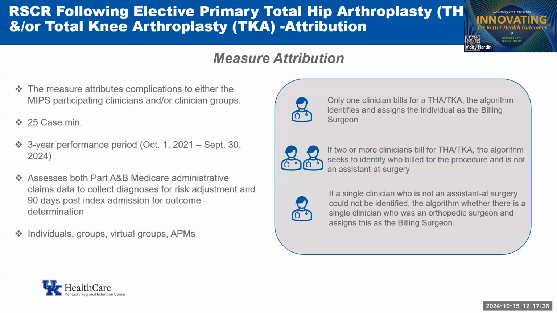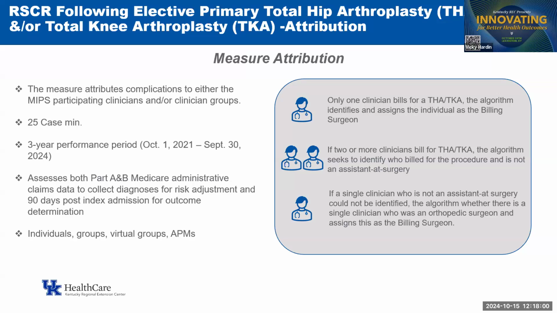clinician who billed for a THA or TKA procedure and is not an assistant at surgery. If a single clinician who is not an assistant at surgery could not be identified for assignment, then the algorithm identifies whether there is a single clinician who was an orthopedic surgeon and assigns this as the billing surgeon.